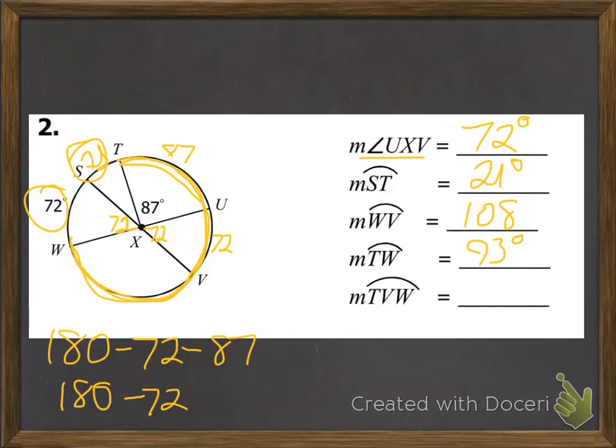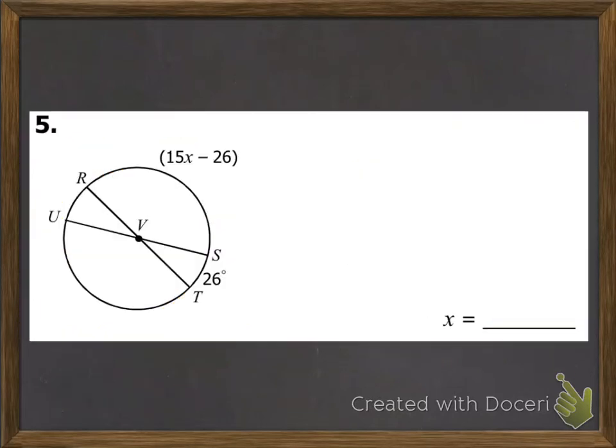So what I'm going to do is 360 minus 21 minus 72. And the number that you are going to end up getting is 267 degrees.